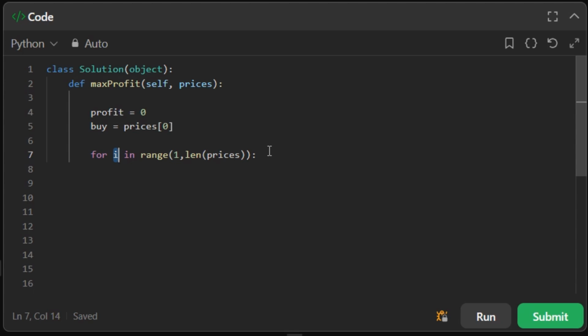And that is the reason why we have taken the index 1, which represents the second day. And the length of prices would represent the last day of our entire prices array. So now once that is done, I can say that my selling price for that ith day would be the stock price on that particular day. Correct. I will be selling the stock with the price of prices[i] for the ith day.